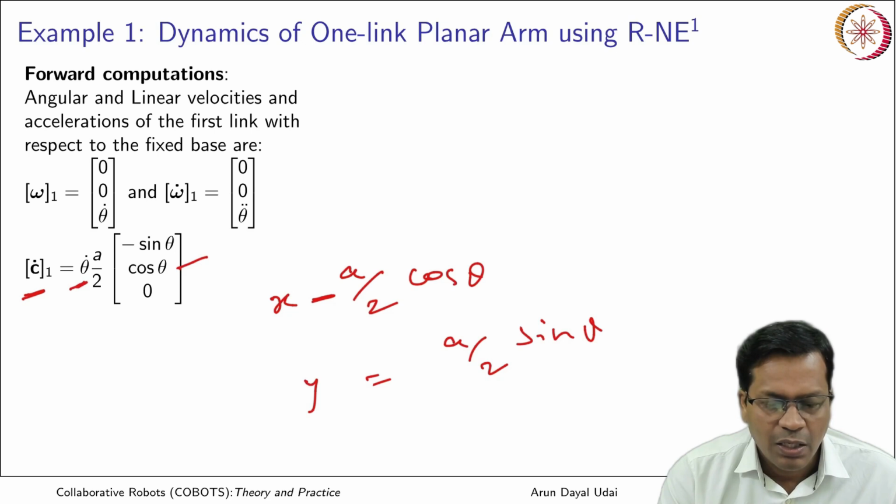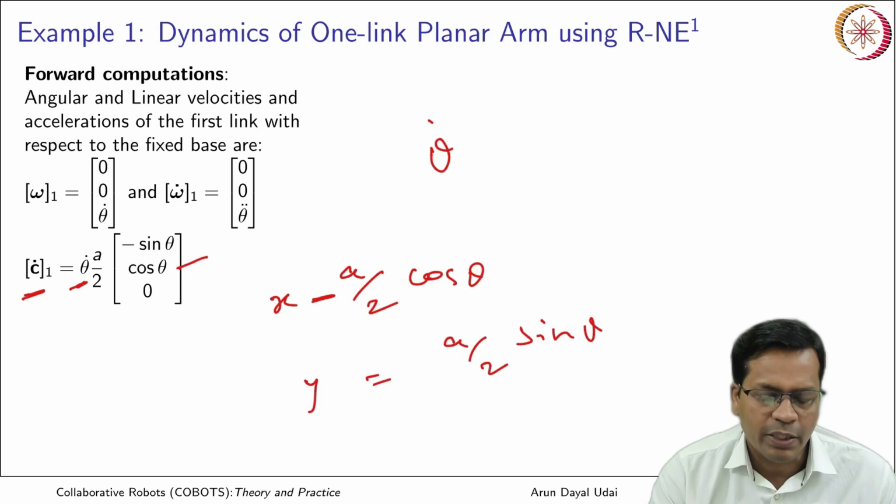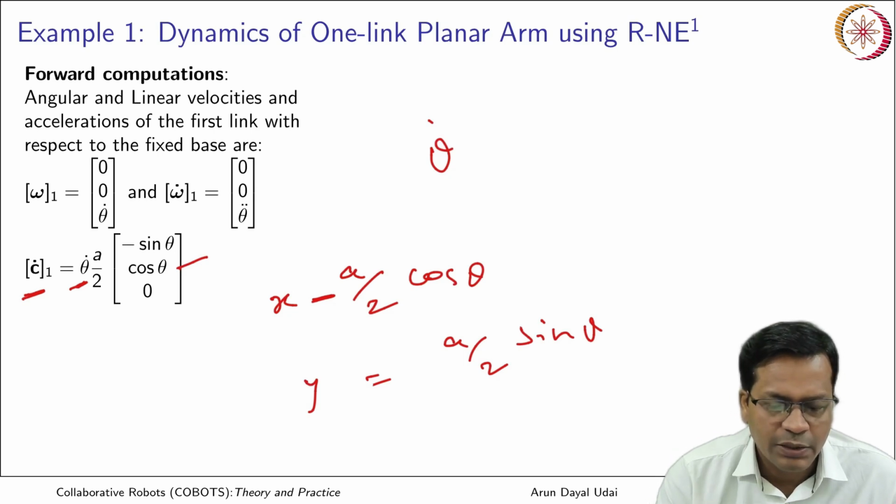So it is r omega, where omega is the joint rate.